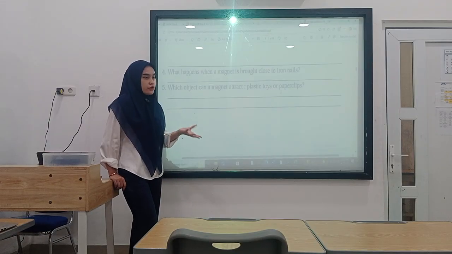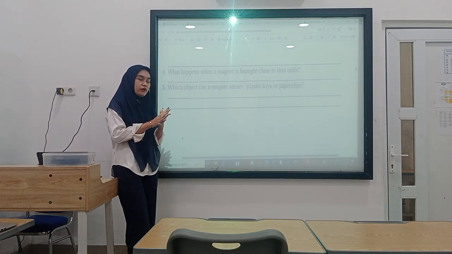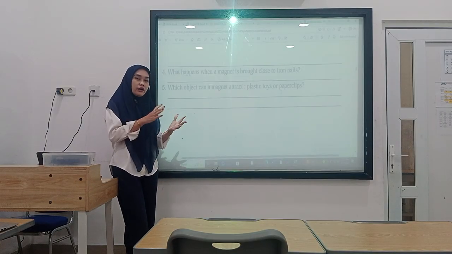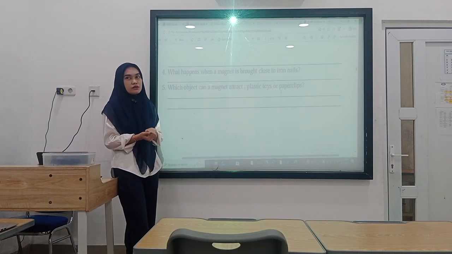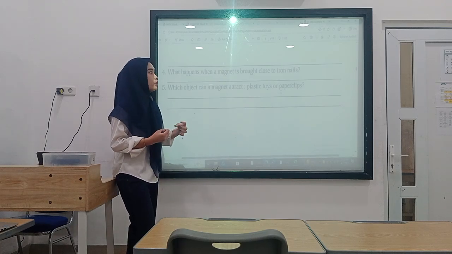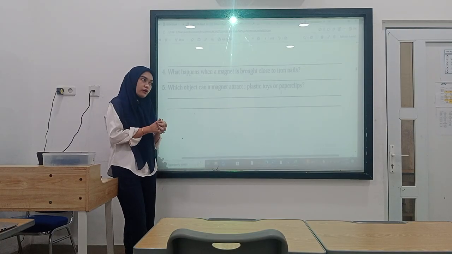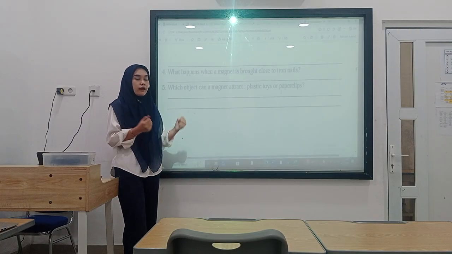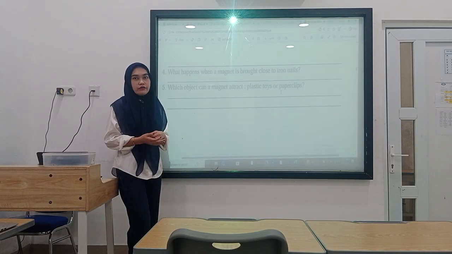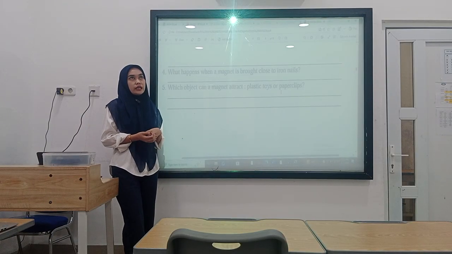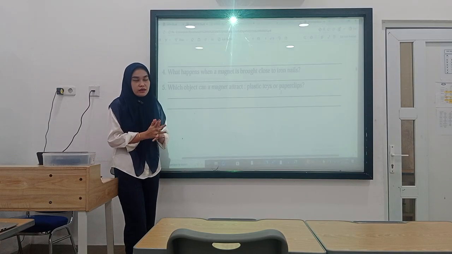When we use our refrigerator, why don't we have to push it very hard? Because the refrigerator has a magnet inside, so it helps us. We don't have to close it very hard because the magnet can attract the door of the refrigerator, so it can help us to make the refrigerator close tightly.